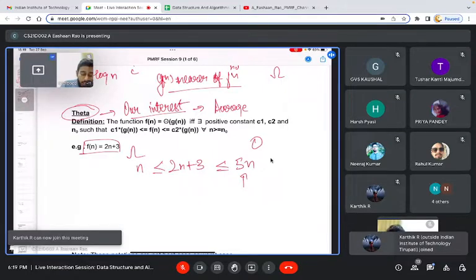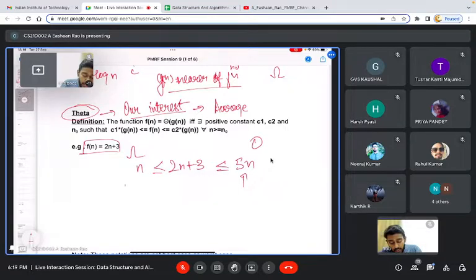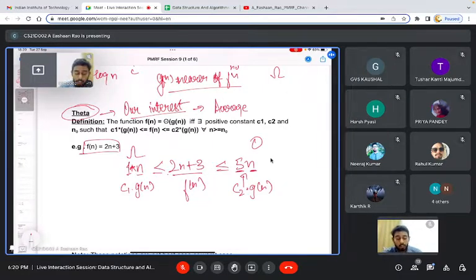Okay, so now what is actually happening here is we have a function c1 dot g of n which is less than f of n, in this case it's n, and then we have something called c2 dot g of n, in this case c2 is 5 but g of n is n, c1 here is 1 and g of n is n, and this bounds the function f of n. So for theta, if the g of n in both big O and big omega are the same, then we can find a theta function.